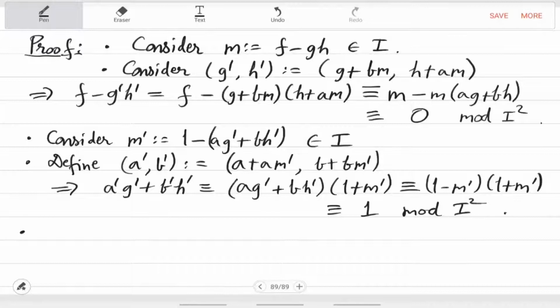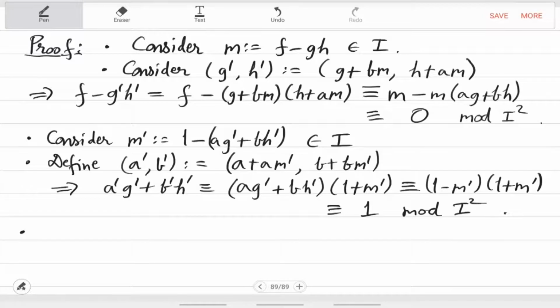Okay. Any questions? Why is this construction unique? So I just gave you one construction, right? Why is there no other construction possible of g prime? So that you have to separately prove. So suppose it is possible.